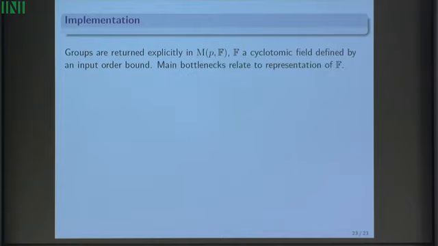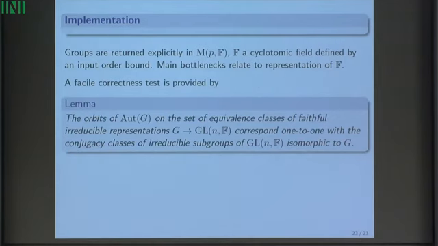So we choose a suitable cyclotomic field to represent the groups, and apparently there's a bottleneck related to the representation of the field. Eamonn can say more about that, but more importantly, testing correctness.